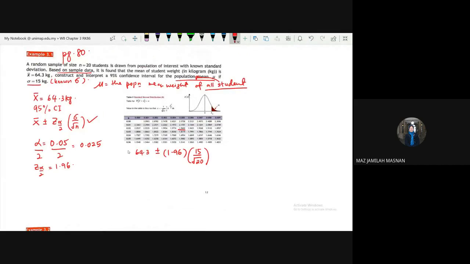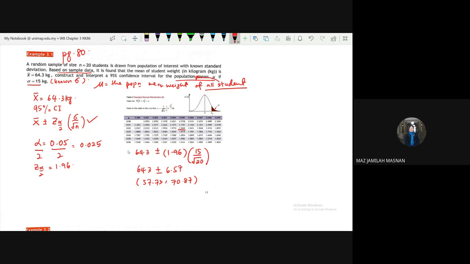So you will have 64.3 plus minus, if you calculate, your margin of error would be 6.57. So you will get the following answer: the lower limit is 57.73, and the maximum value, the upper confidence limit, is 70.87.